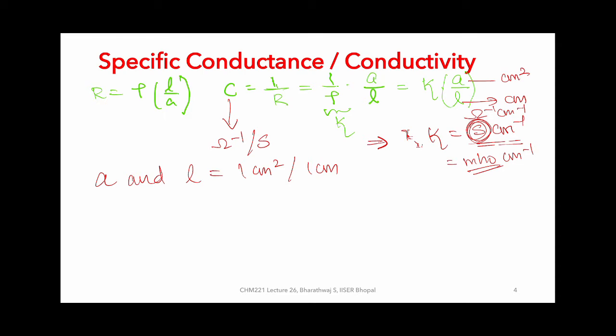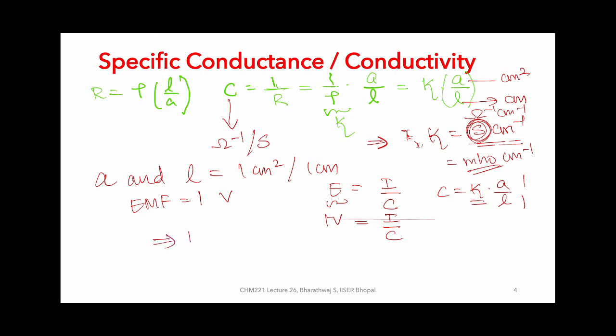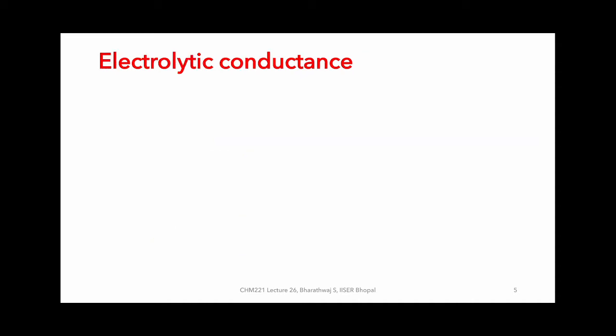If you apply an EMF of 1 volt, then E equals IR, which is I over C. Setting it to 1 volt, you have 1 volt equal to I by C. And you remember C is kappa times A by L. If A is 1 and L is 1, then C equals kappa. This means that the current that flows is actually the conductivity of this system. So this is basically how it is defined for a given conductor.